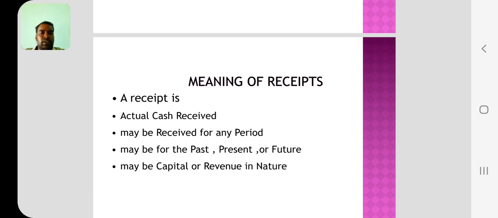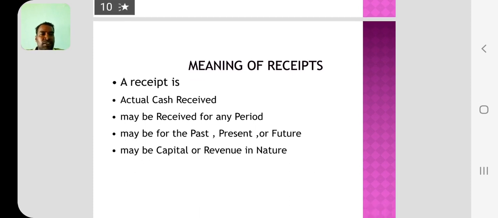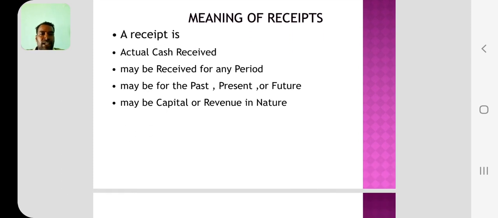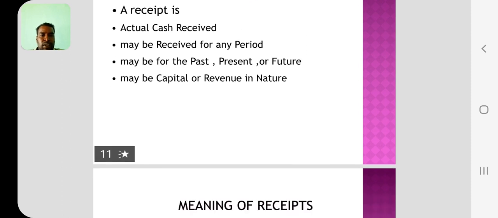It may be capital or revenue in nature. Capital means it belongs to the future, past or current. Whereas revenue is only for the current year.